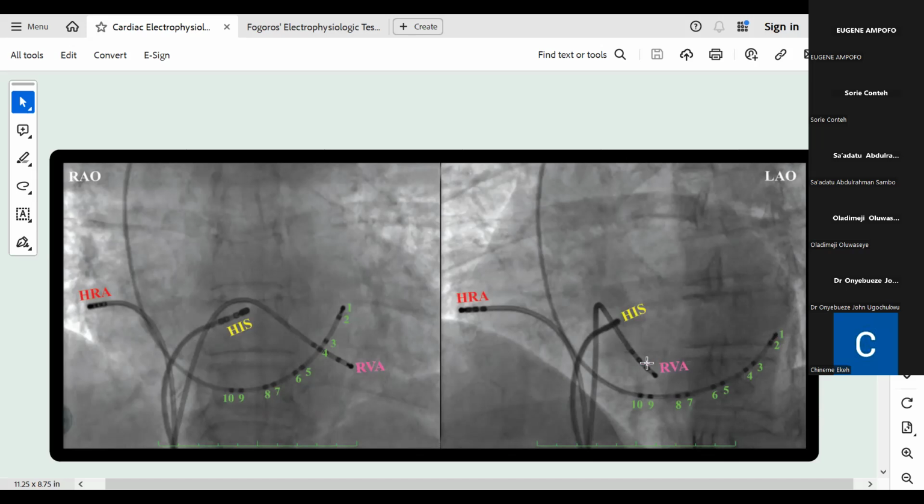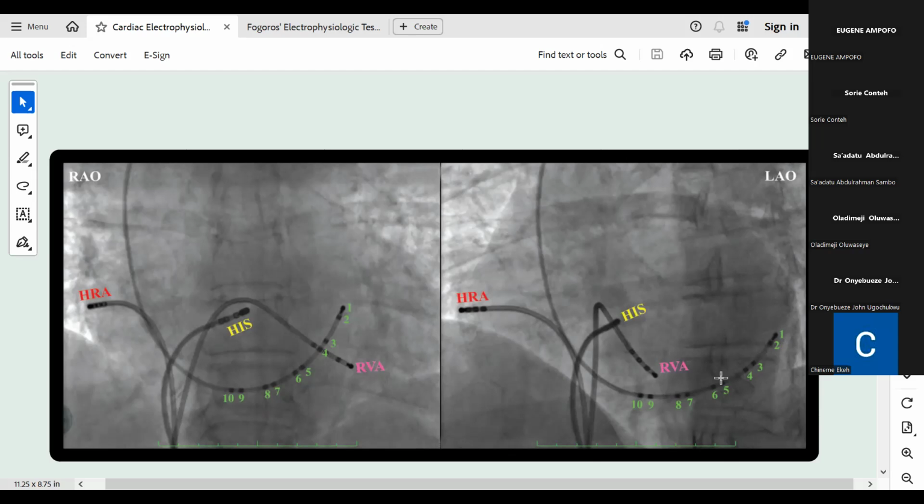The spine will be on the left, and if you have entered the CS, especially when doing a CRT procedure, your catheter must pass through the coronary sinus truly, and not the RVOT, because they are close to each other. If it has passed through the coronary sinus, the lead will cross the spine. If you are in the RVOT, the lead will not cross the spine, as you can see on this. Do you get me? So that's one way you differentiate the RVOT.